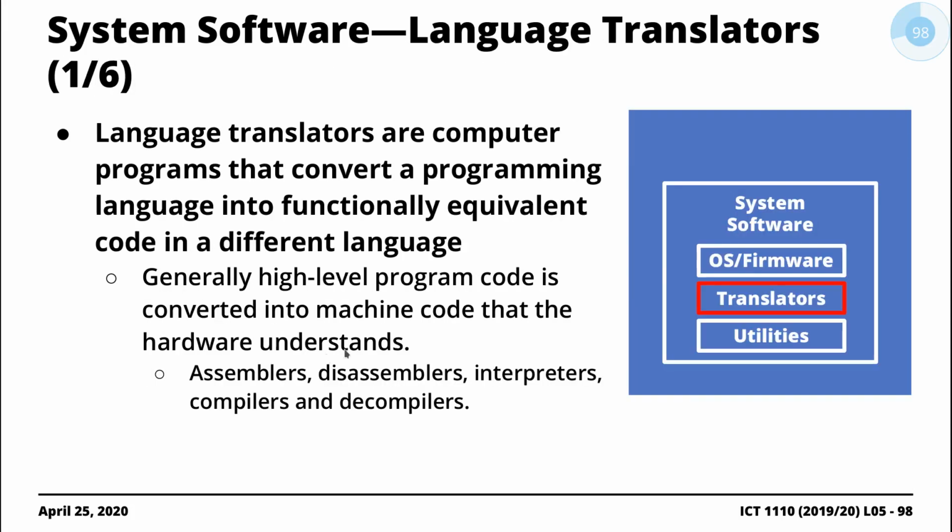This is exactly what assemblers and disassemblers do. So your assembler, such as a MIPS assembler, for instance, will convert assembly language programs written using MIPS into a form that a computer will be able to execute, right? Machine code. And a disassembler will actually do the opposite, convert the machine code into assembly language notation.